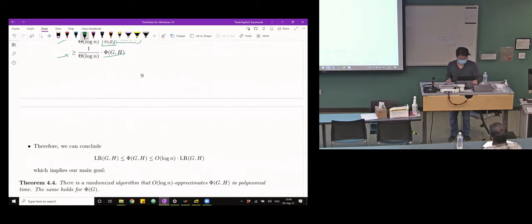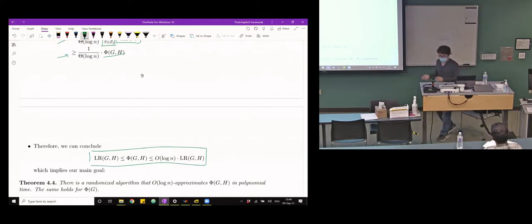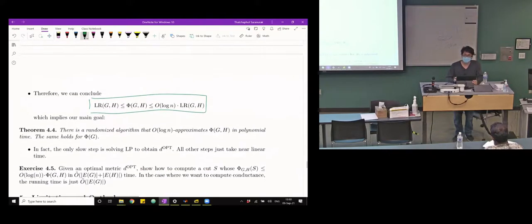Okay. So now we have this, which means that given a graph G, if you want to estimate H expansion, just write down the LP, solve that LP, and then you can estimate it within a log n factor.